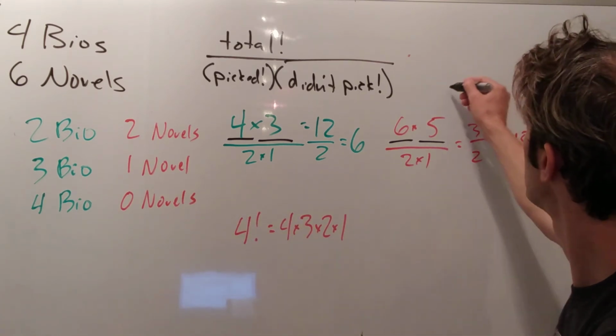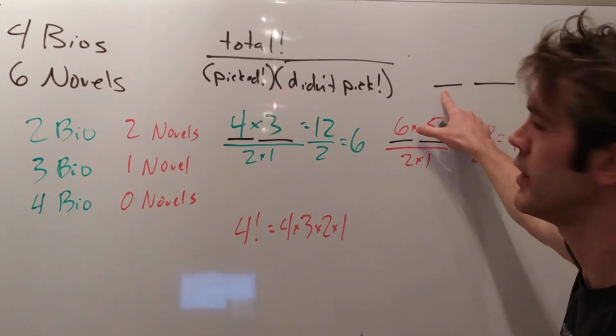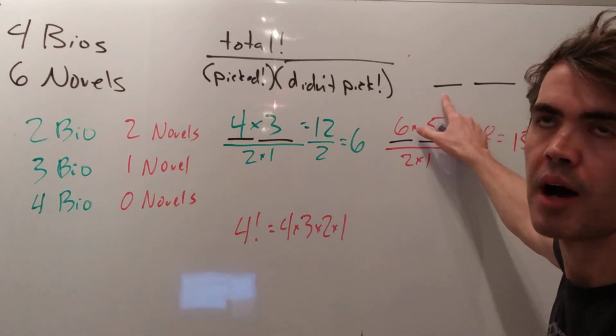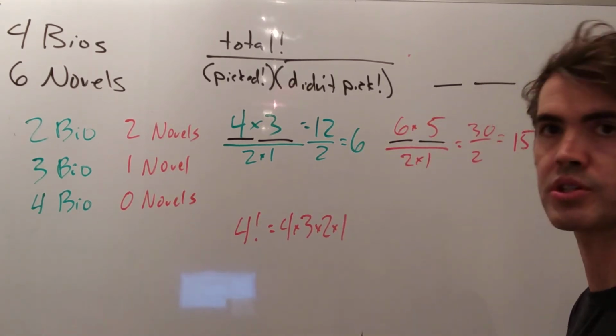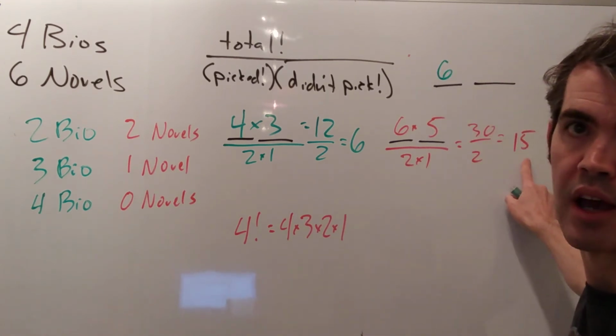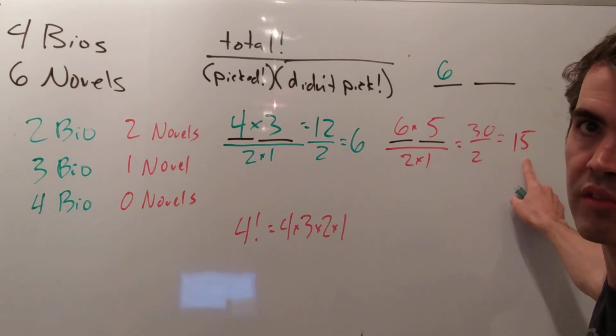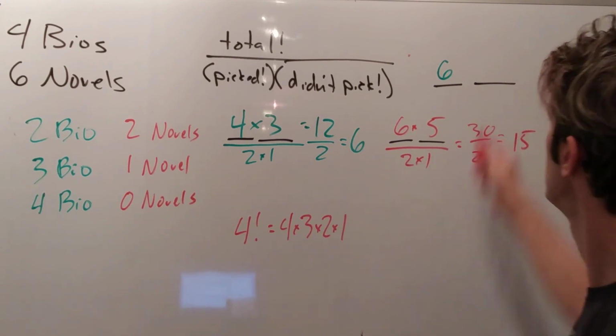So that's 2 slots. Okay? So my first slot is, how many different options do I have for the bios? Well, we figured that out. It's 6. So I would just write 6 up here. Okay? And then for my second, it's how many different ways could I read 2 novels? And we figured out earlier that there's 15 different ways that can happen. So I will write 15.